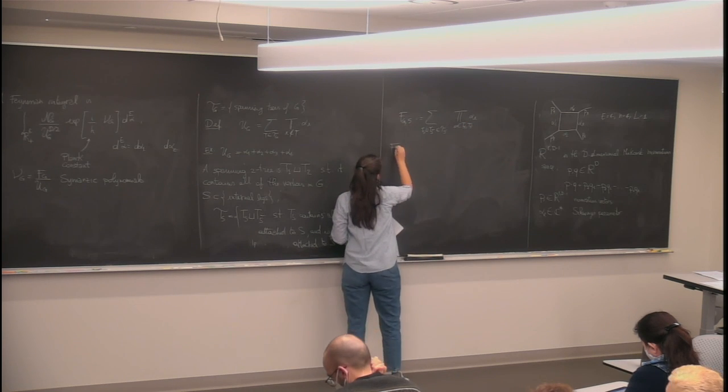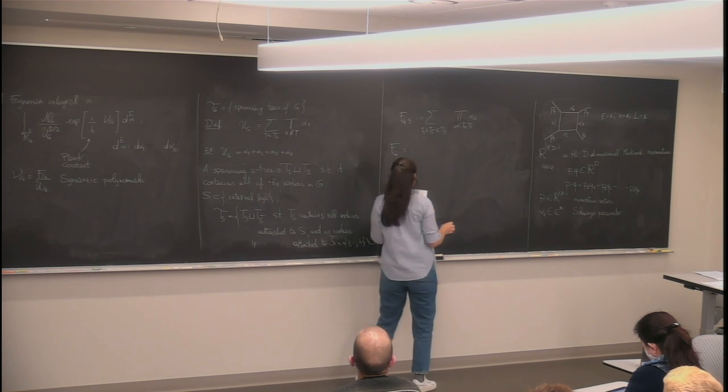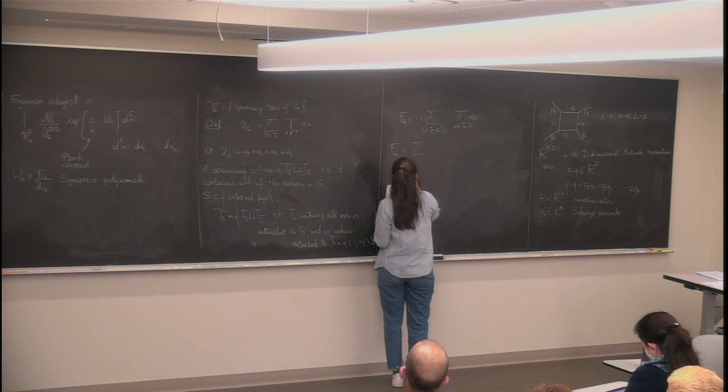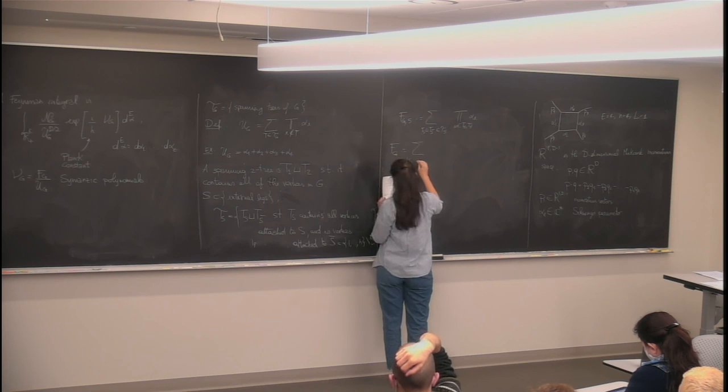And finally, the second Symanzik polynomial F of G is defined by the sum over all possible partitions of the n external legs.